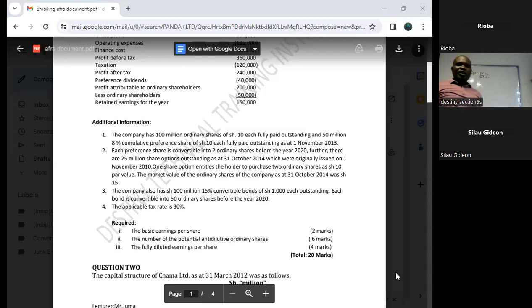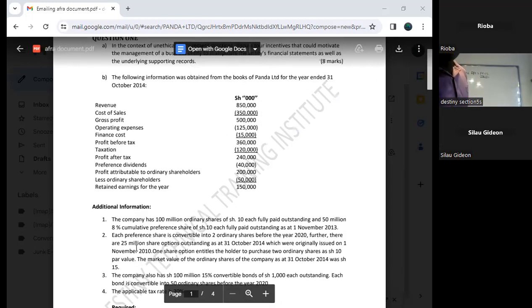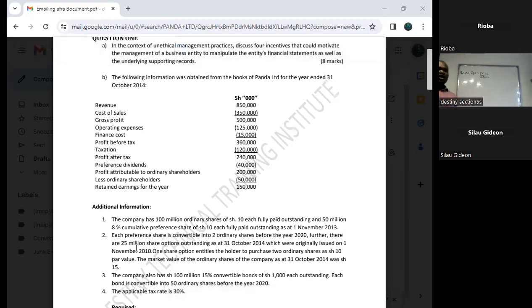So when you check the financial year of this company, the financial year is ending on 31st October, meaning it starts on 1st November 2013.